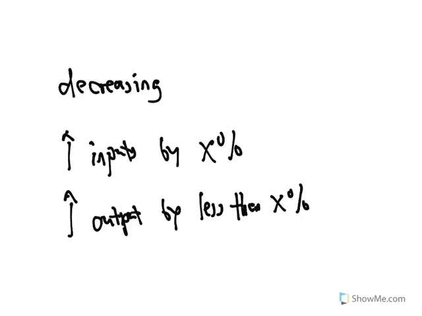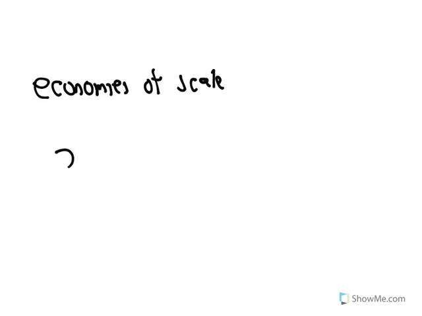So that deals with the production side of long-run production costs. But what about the cost side? With the cost side, we get to something called economies of scale. Economies of scale is the idea that if your output is increasing, your long-run average total cost is decreasing. Basically this is the result of increasing returns to scale.